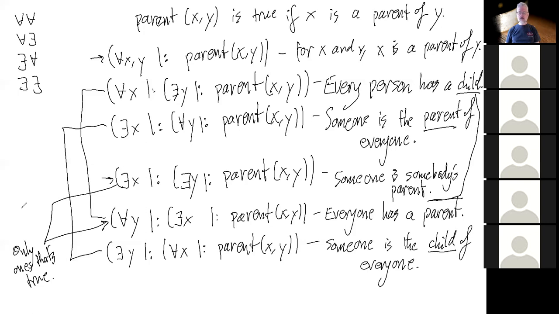And I think everybody else, someone's the parent of everyone, every person has a child. Yeah, those are the only 2 of the 6 that are actually true. Everything else is false. So it clearly matters which quantifiers we use, what order they're in, and the order of the variables matters, because it clearly changes the meaning of the quantifications. Questions?